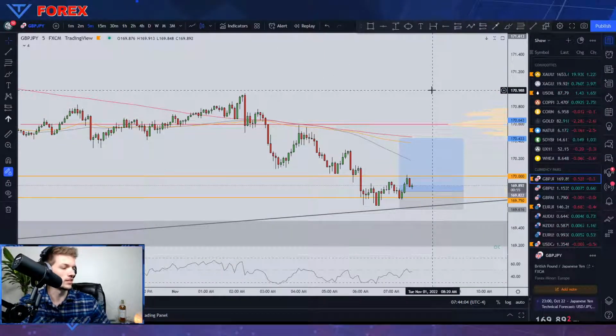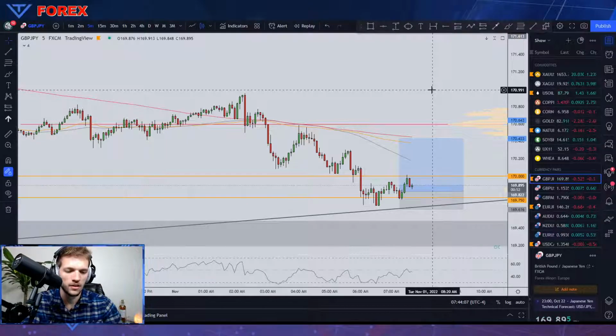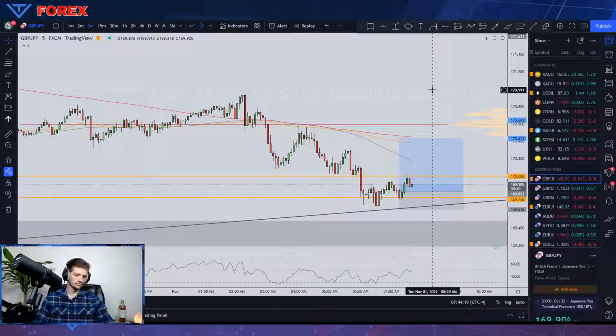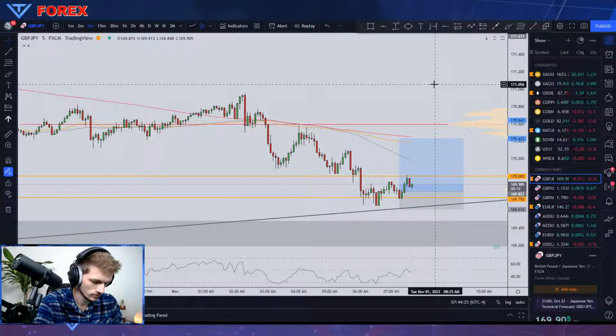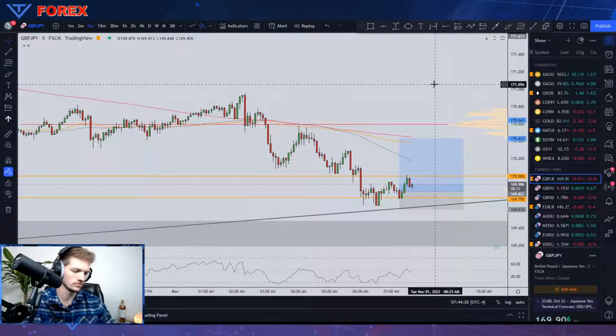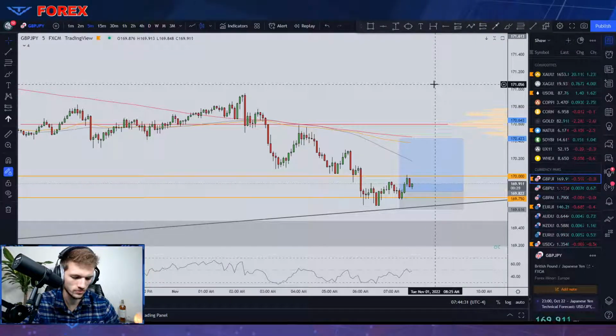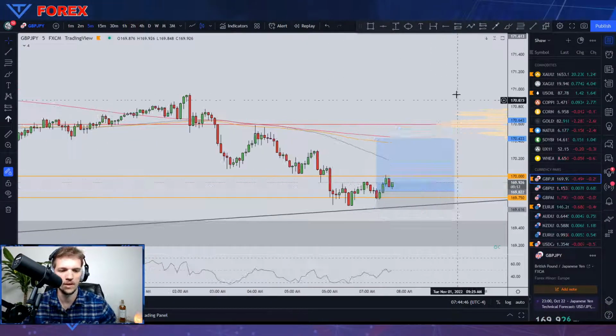So seeing a nice little bit of a reversal here. Pound yen picking up a little bit.